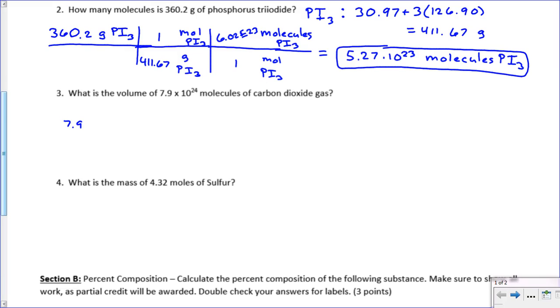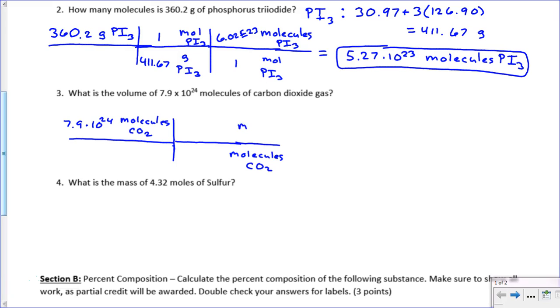So we start with the number that's given, 7.9 times 10 to the 24th molecules of carbon dioxide, so molecules of CO2. In the first step, we're going to go from molecules of CO2 to moles of CO2.